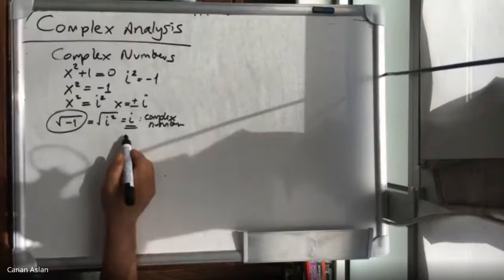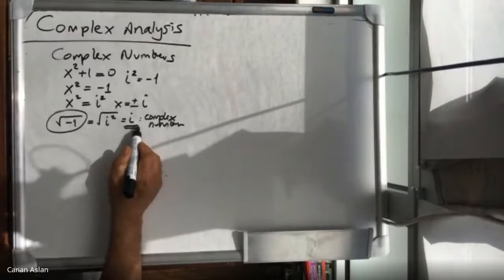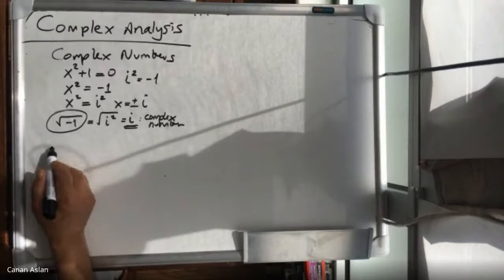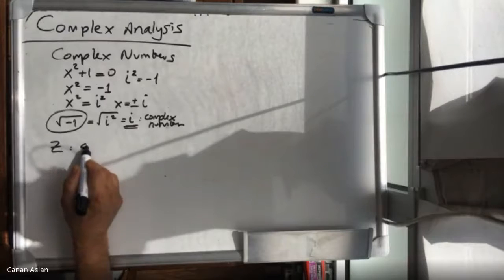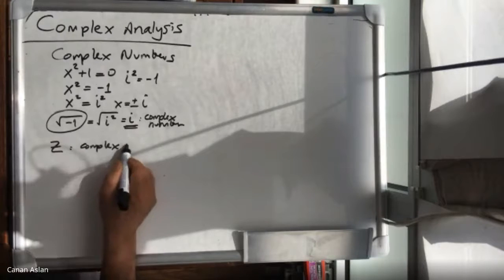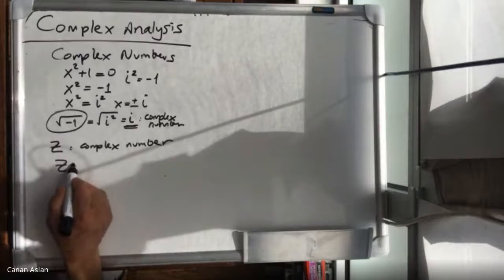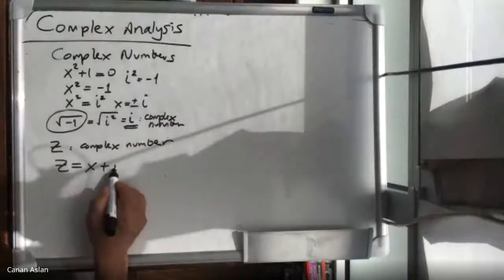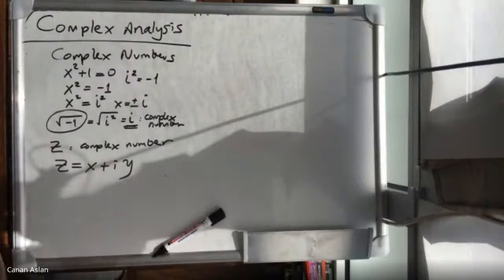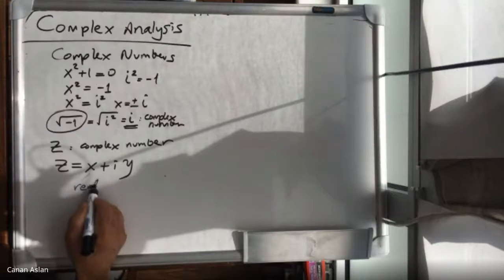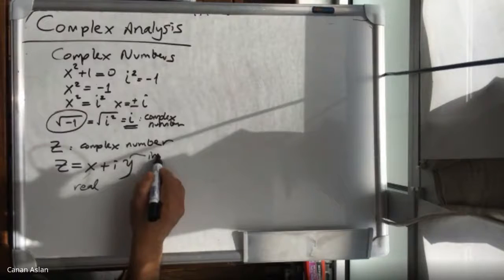So all the complex numbers can be written in terms of i like this. So z is the complex number, which has a real and a complex part. z is given as x plus iy, where x is the real part and y is the imaginary part.